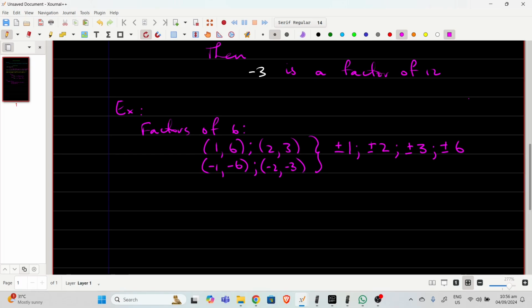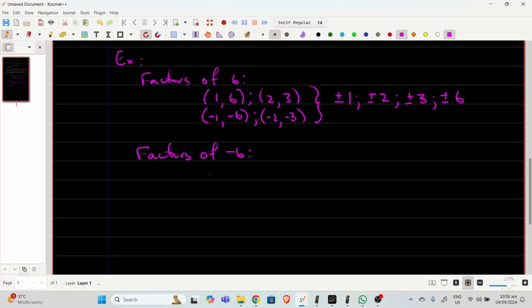What about the factors of negative 6? That one should be a little bit interesting for you. Now you have to flip-flop in between them. Negative 1 times 6 will give me negative 6, and negative 2 times 3 will give me negative 6.